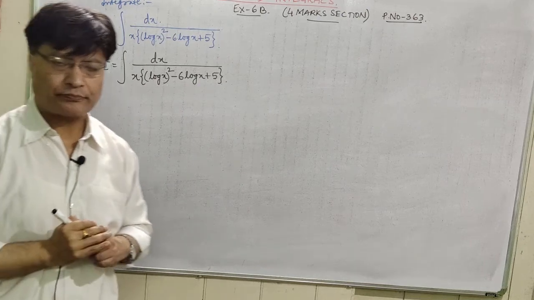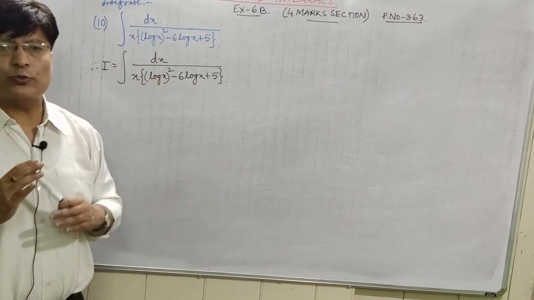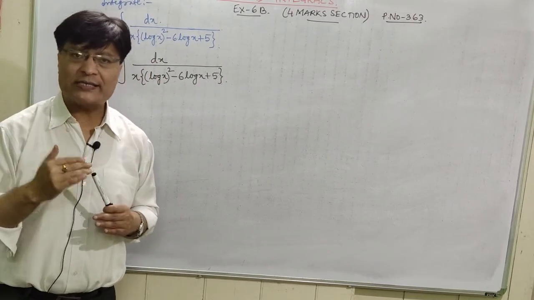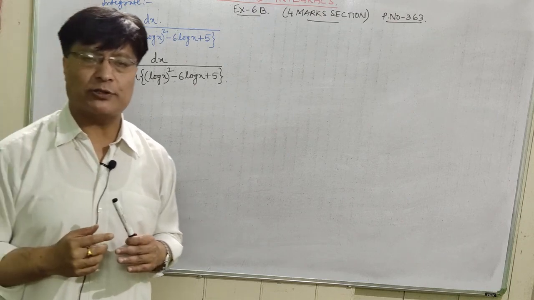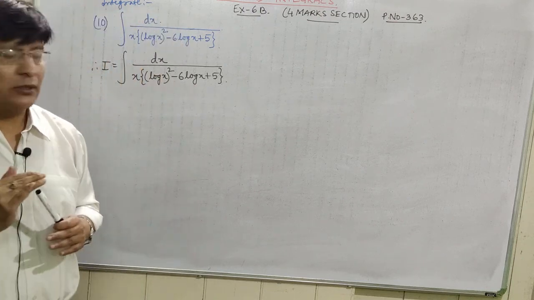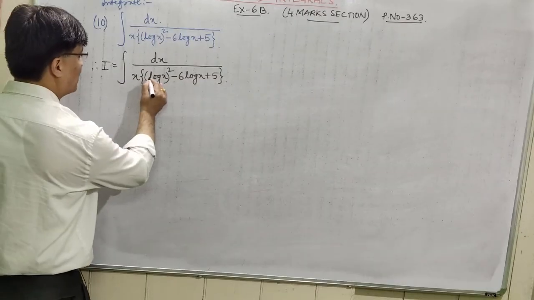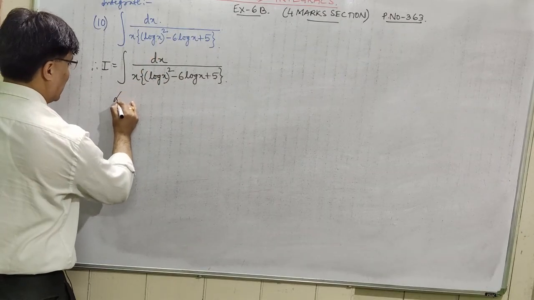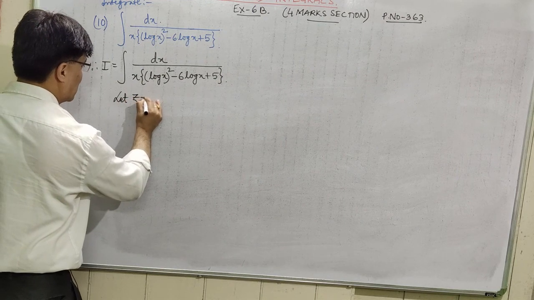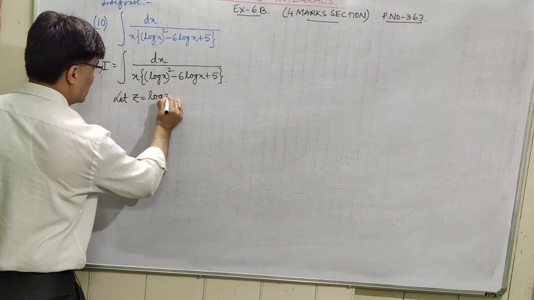Is that clear? So now in this case we can assume log x as z. That is the method of substitution. We can substitute log x as z, okay, because the differentiation of log x is 1 by x. So let z is equal to log x.